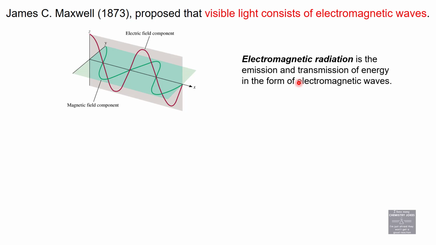So red light and blue light fall under the electromagnetic radiation spectrum. But so do a lot of other types of light. Visible light is one type, but there are a lot of other types of light that are also categorized as electromagnetic radiation. All types of light are categorized as electromagnetic radiation.